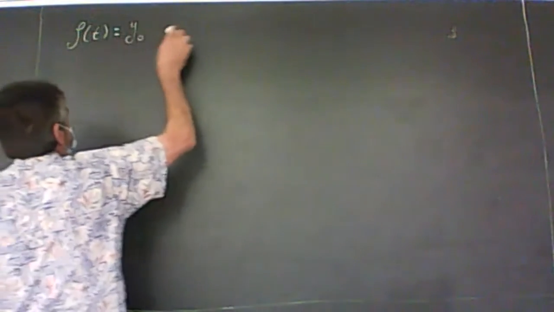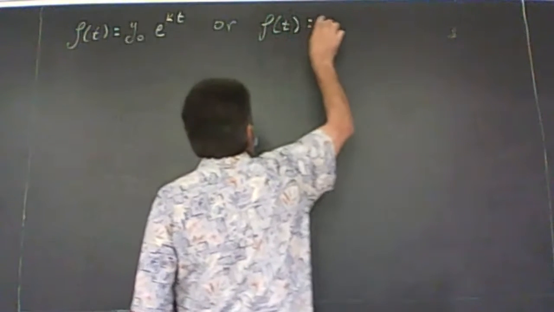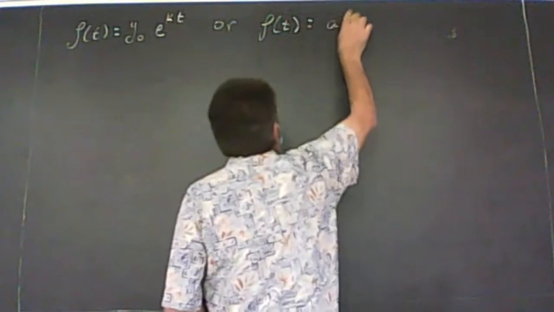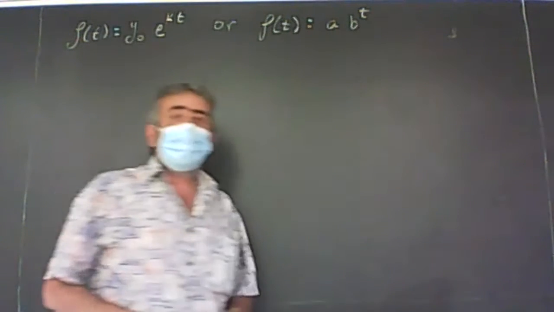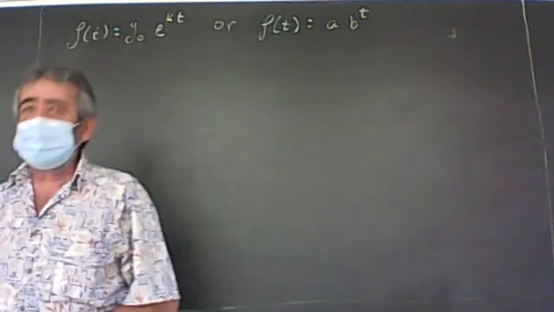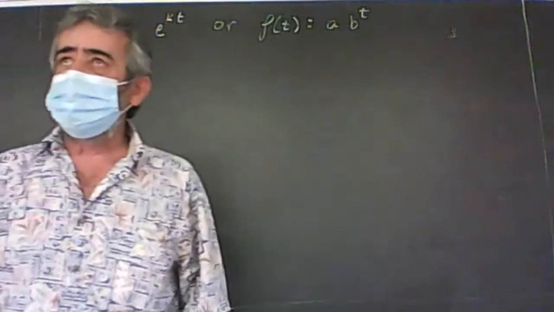Okay? And those functions come in the form of, say, f of t equals y0 e to the power kt, or f of t equals a b to the power t. Both of these equations are exactly the same. Yes? Now, there are a few things about those equations.